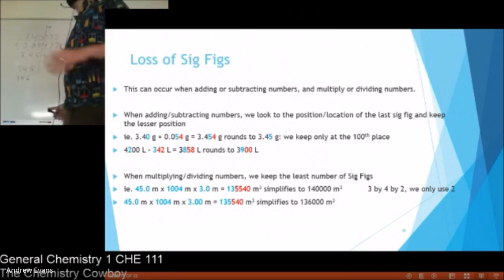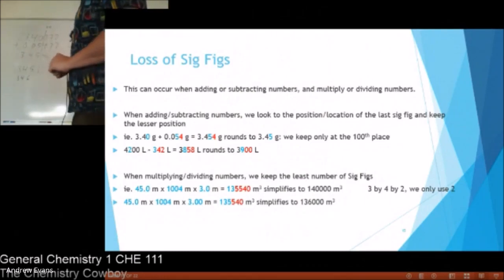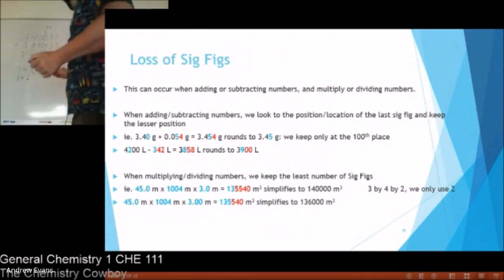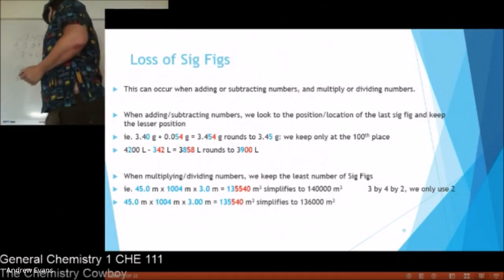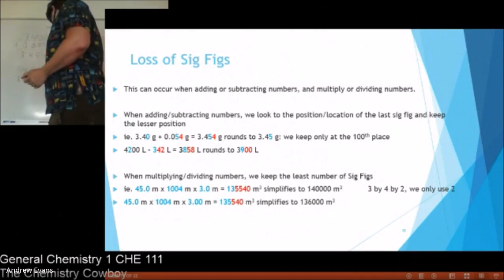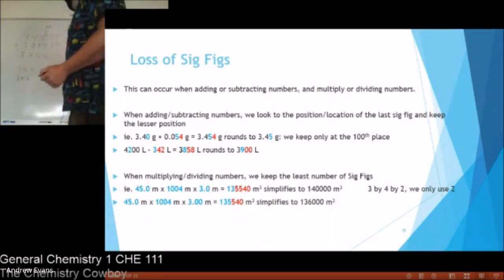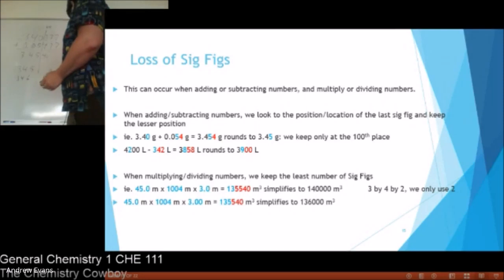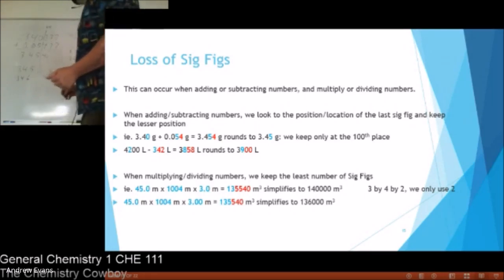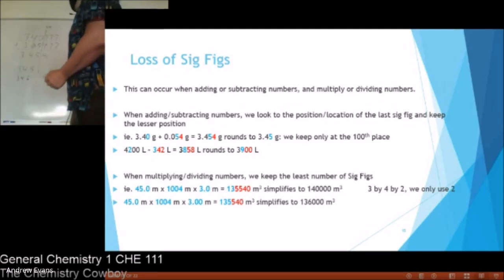So the example I give here: say you're measuring a room. You say 45.0 meters, 1,004 meters, and 3.0 meters. 45.0, that's 3 sig figs, times 1,004, that's 4 sig figs, times 3.0, that's 2 sig figs. You punch this into your calculator, you get 135,540 meters cubed.